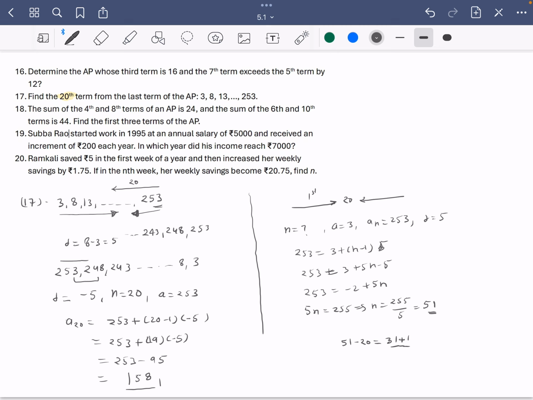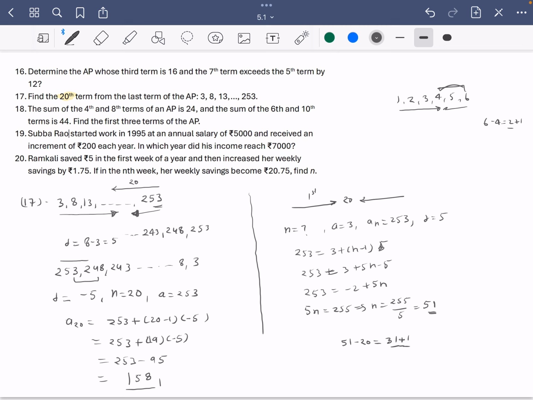For example, if you see 1 2 3 4 5 6, if I start from here, then I'll get 4 terms here, 1 2 3 4. But if I find 6 minus 4, I find the difference, but the number of terms is 1 more than the difference, because I'm not counting one of the terms, so I have to add 1 more.